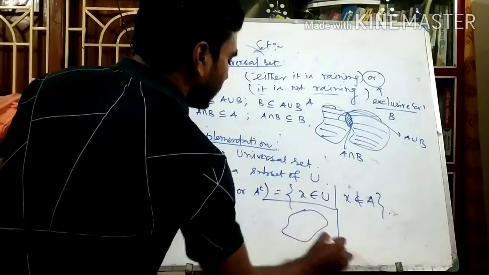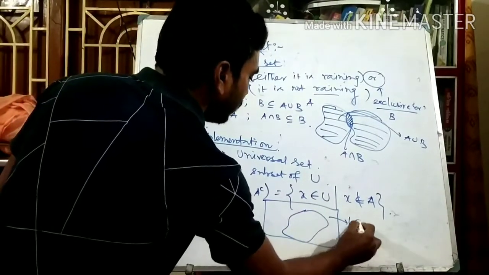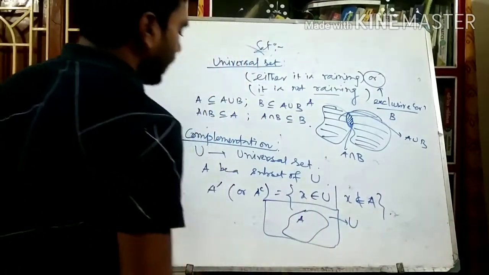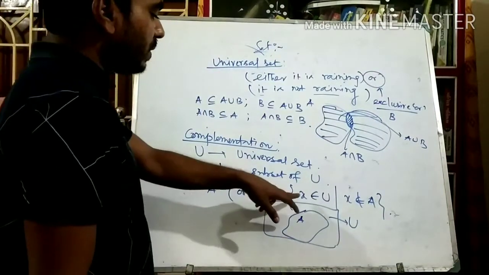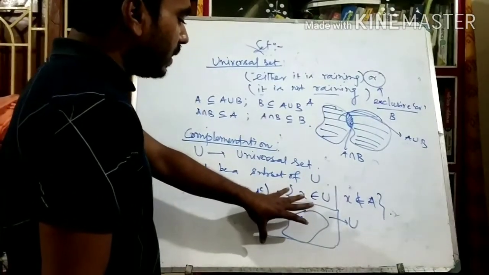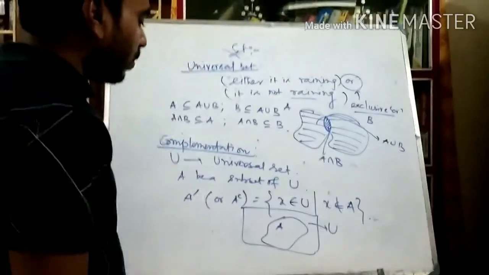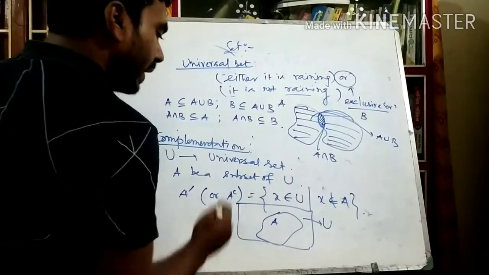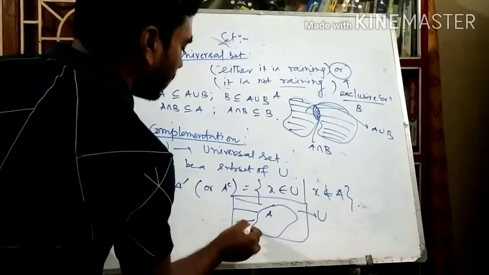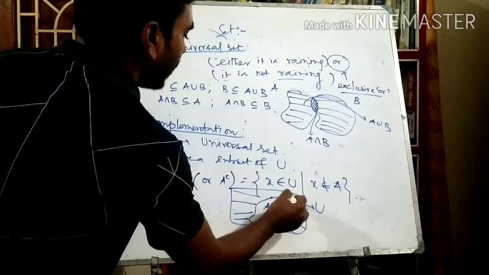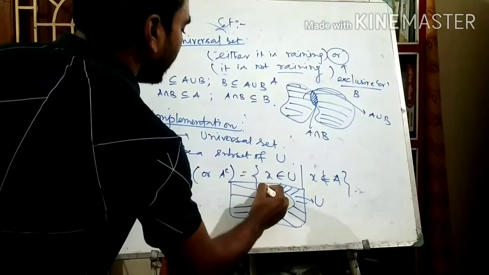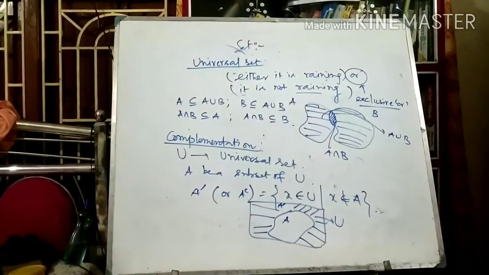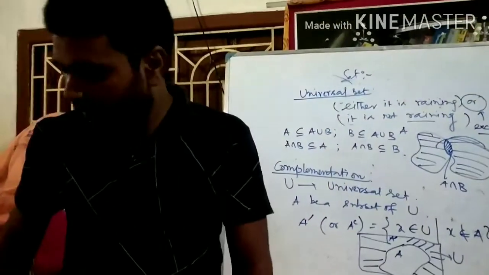Suppose this is my universal set U, this is my set A, then A dash will be the set of all elements which do not belong to A. That means this portion will be our A complement. Okay.